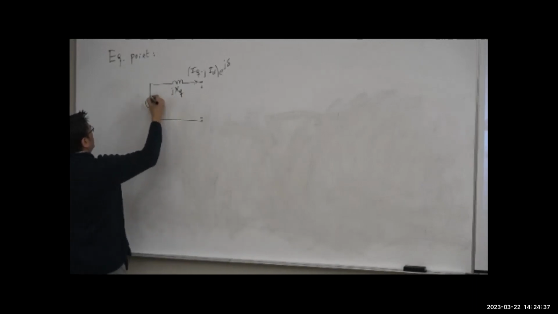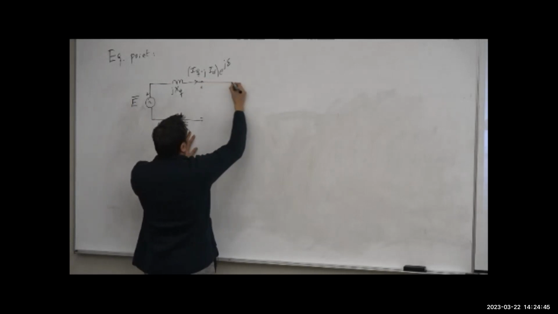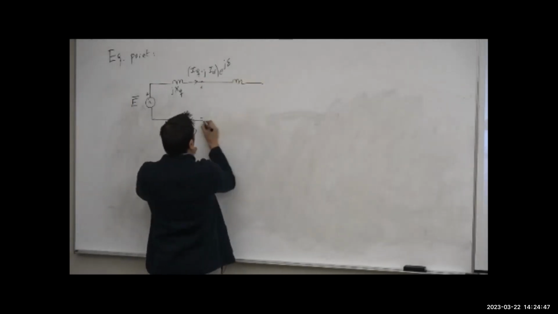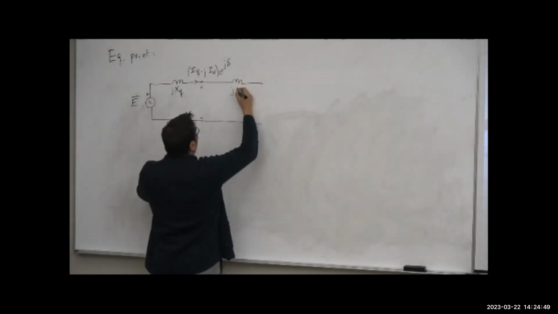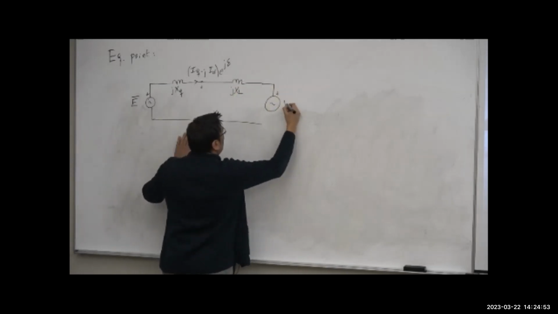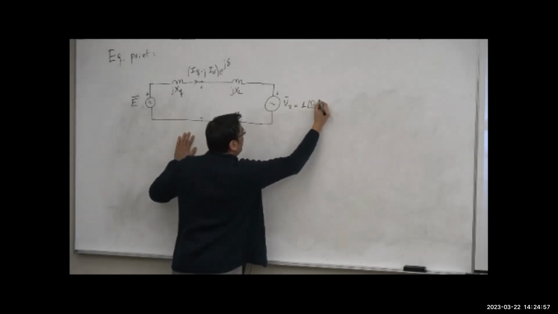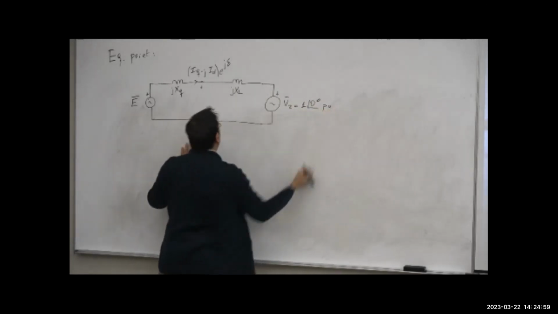And here we will have the internal voltage in a steady state. This system needs to include the reactance of the line, and here we will have the infinite bus that in this case is 1 angle 0.